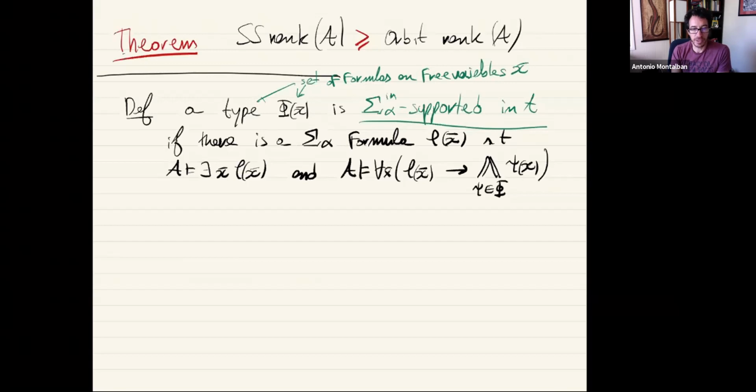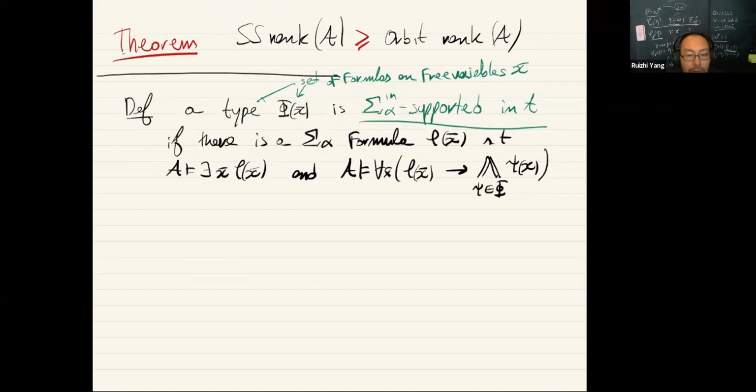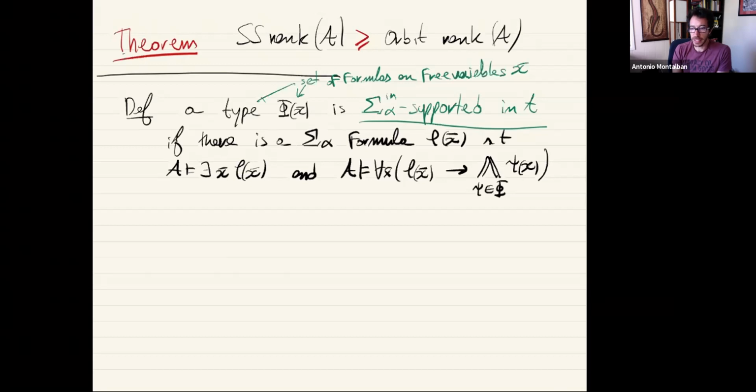Richie, everybody's good with types from model theory? I think so. And the definition you provided is clear. Cool. And we say that this set of formulas is sigma alpha supported if there is a sigma alpha formula that implies them all, and that is realized by some element. And this is sigma supported within this structure. So that means in the structure it implies them all.